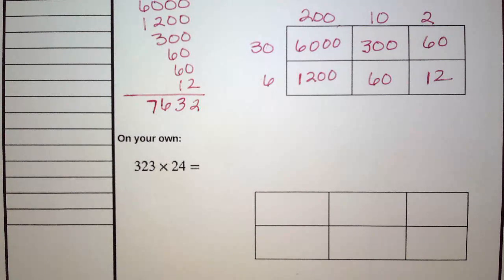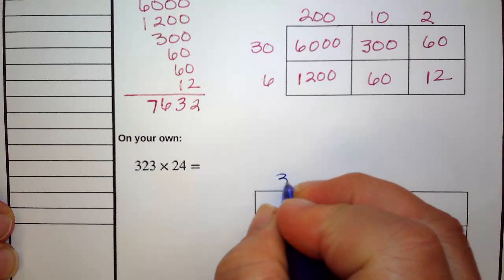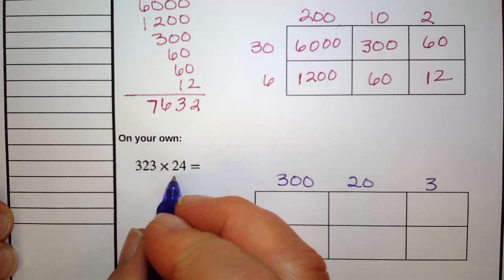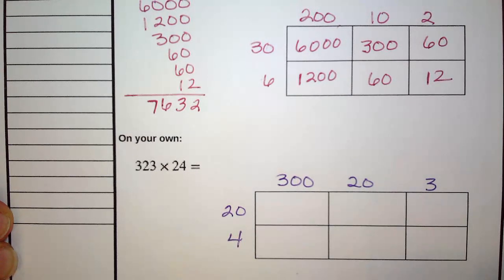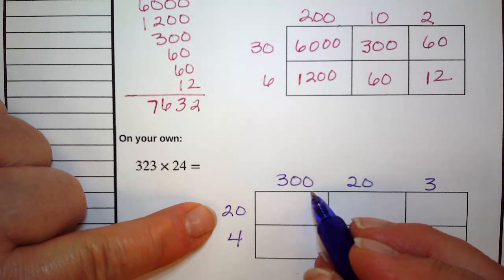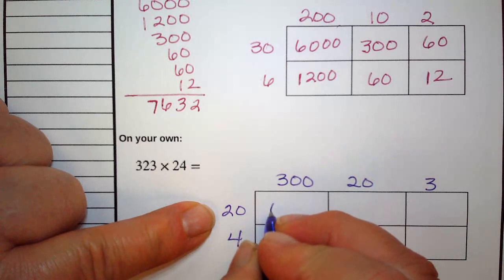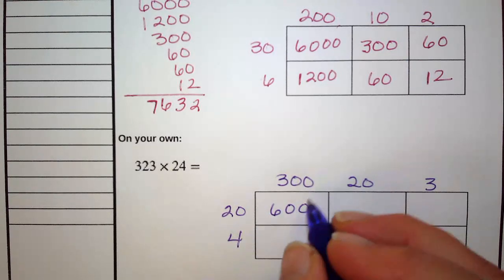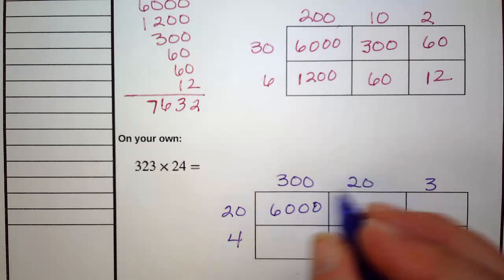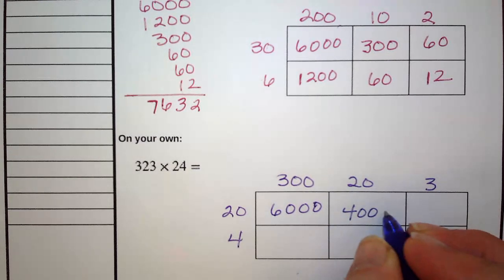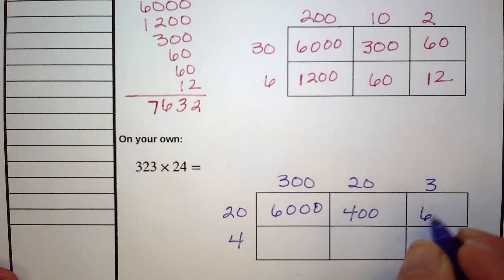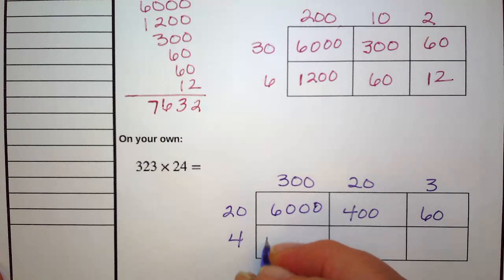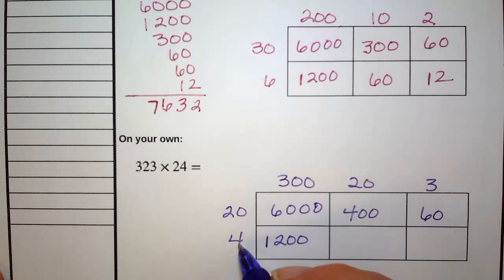Now, what is 323? That's 300 plus 20 plus 3. 24 is 20 plus 4. 300 times 20 is 6, since 2 times 3 is 6, and then 1, 2, 3 zeros. 20 times 20 is 400. 20 times 3 is 60. 4 times 300 is 1,200. 4 times 3 is 12.